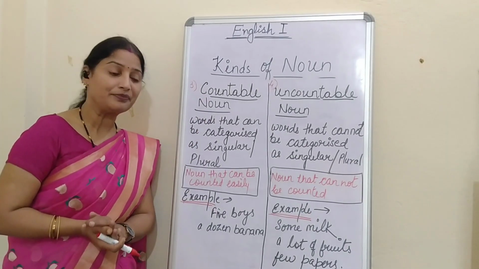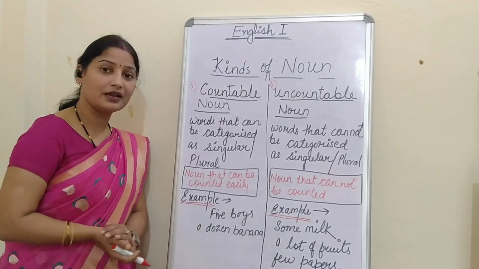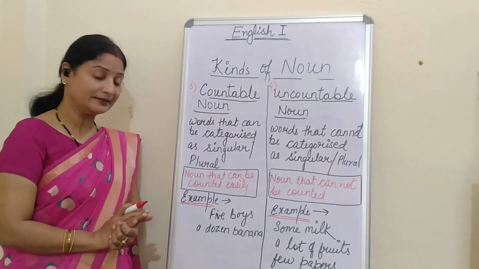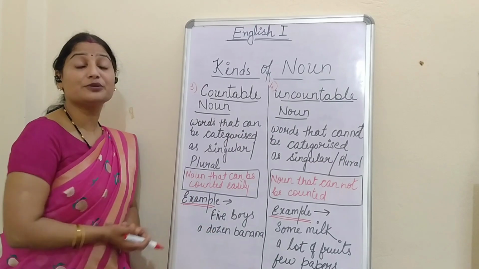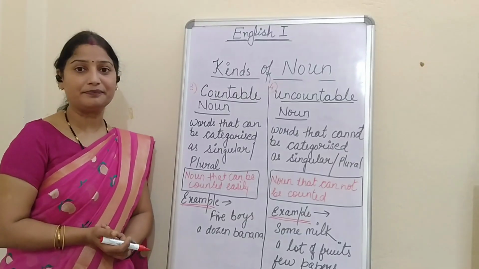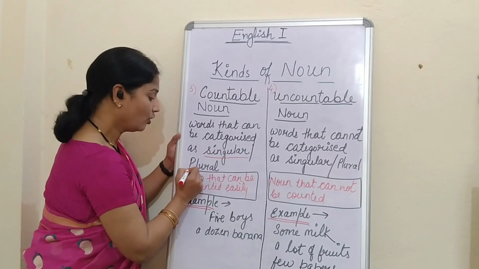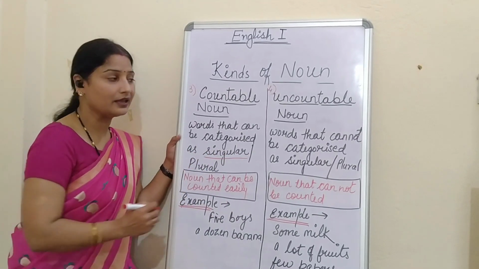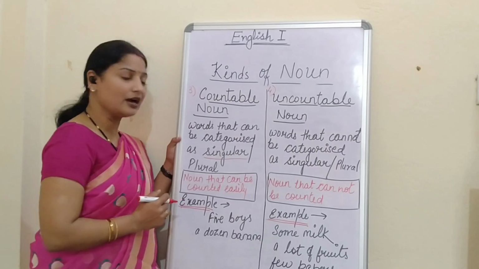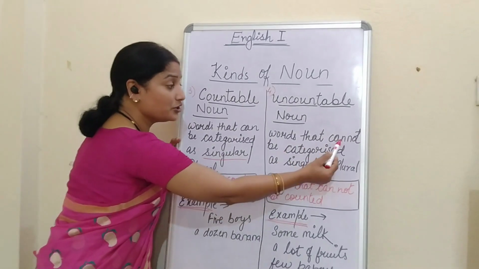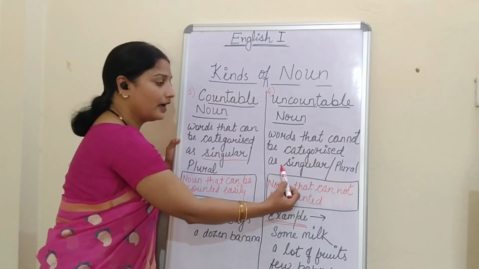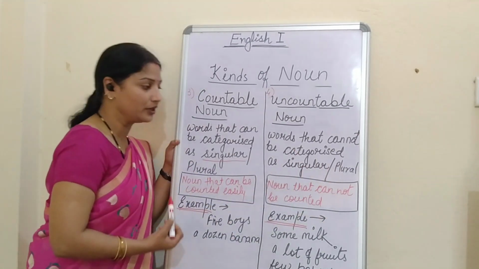For example, 5 boys, a dozen bananas. All these are countable nouns because we can count them. So, they all can be categorized as singular or plural also. But in case of uncountable noun, they cannot be categorized as singular or plural.